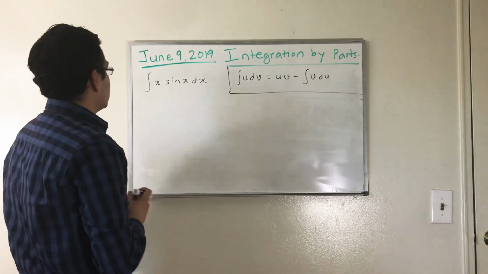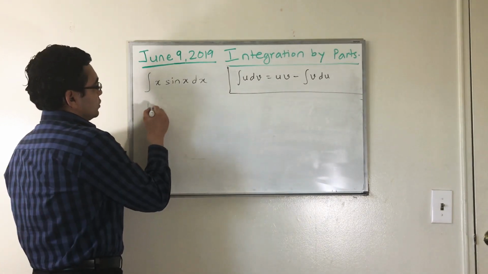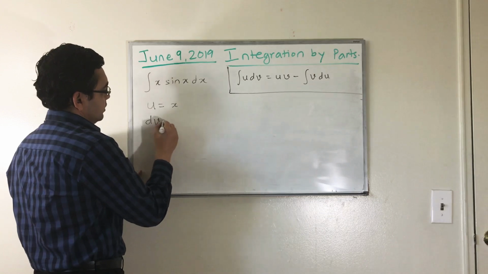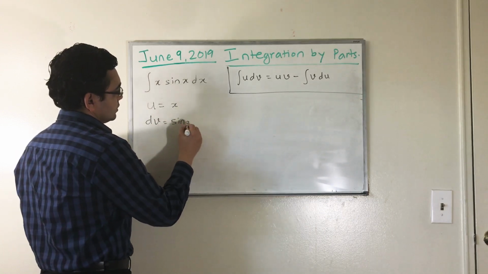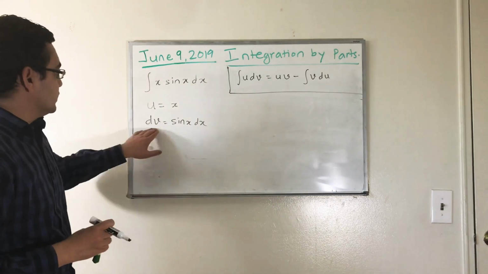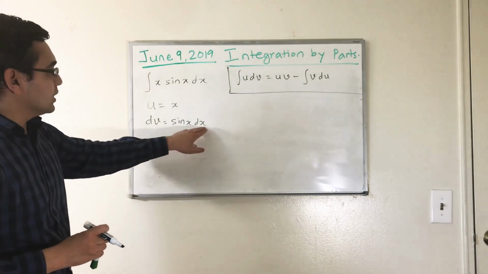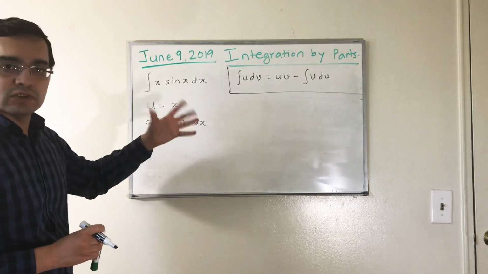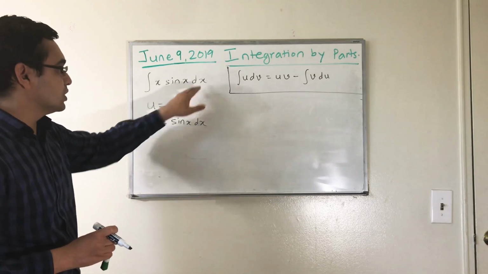So I'm going to say that u is equal to x and dv equal to sine x dx. Now the dv is the differential, so it will contain the dx term, and u is just a function of x, so it's just a simple function. There is no dx in there.